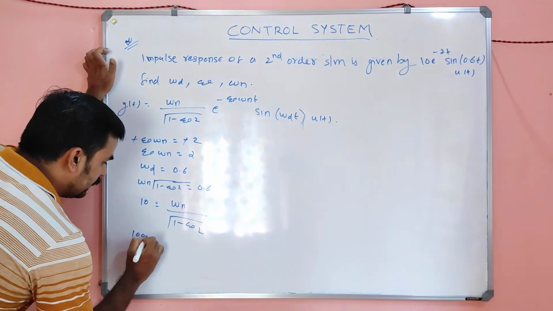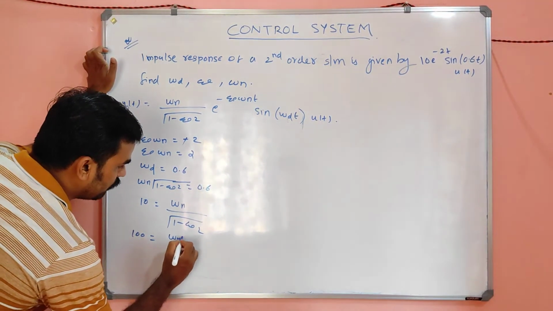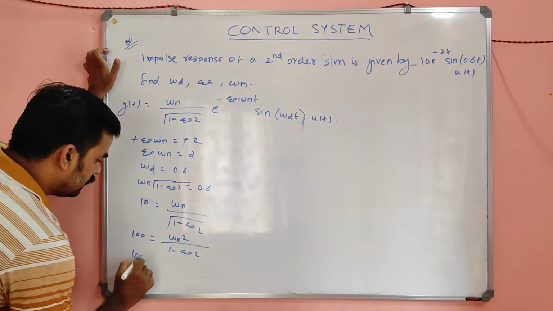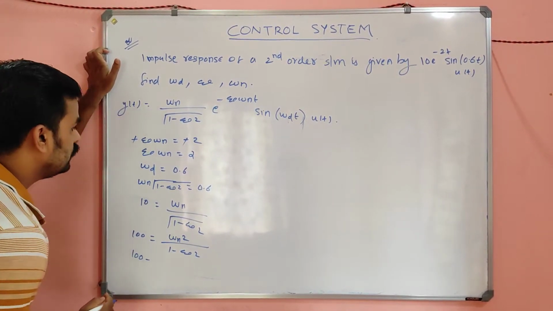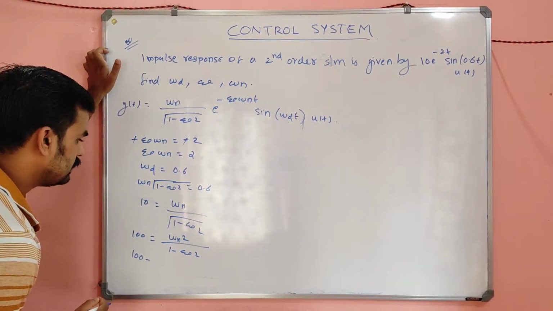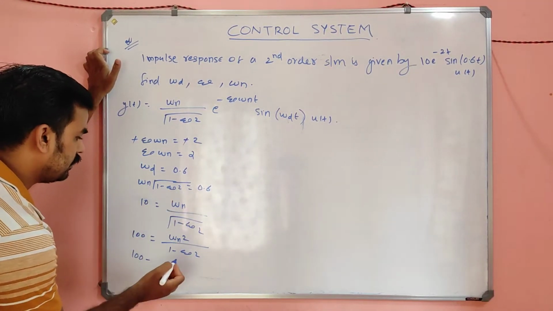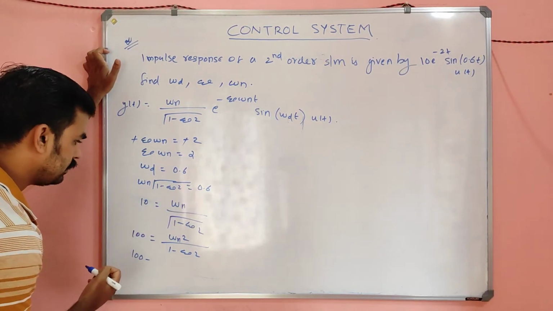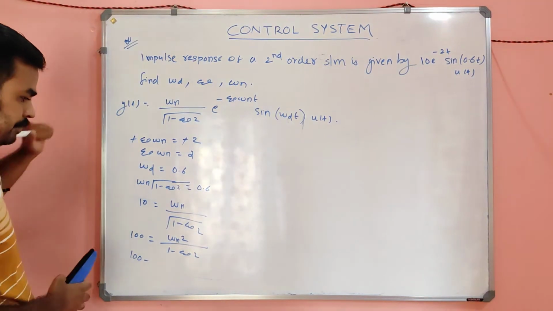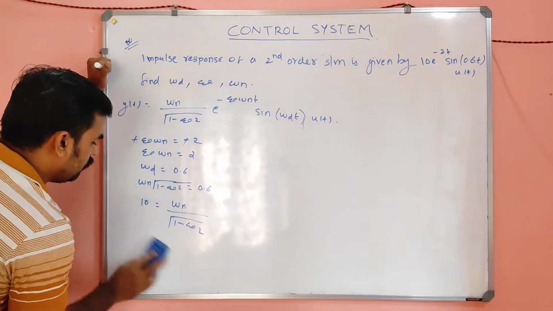Squaring on both sides, 100 will give you omega n square divided by 1 minus theta square. But there is no need for squaring and all, my dear.